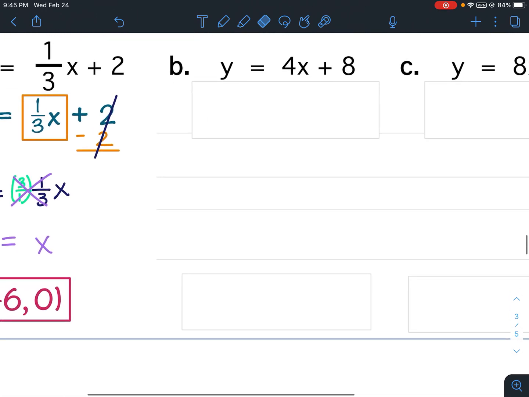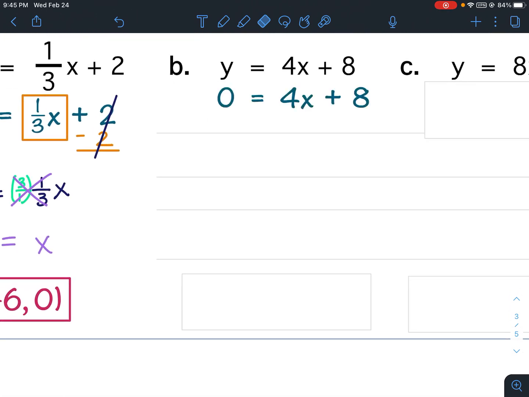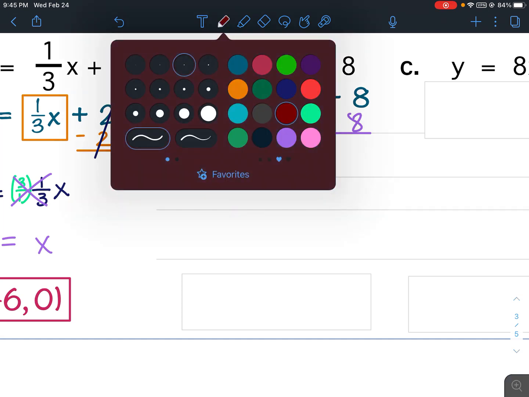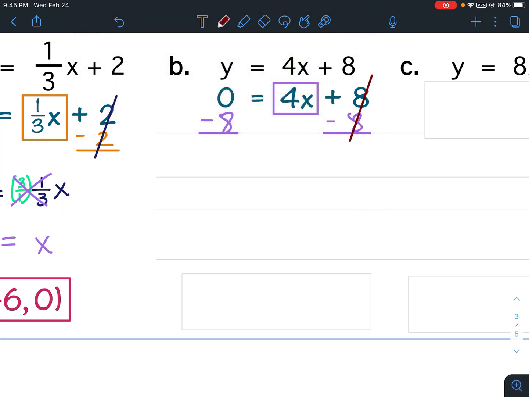For B, again, replace the y with 0, and we're going to solve for x. I'm going to subtract 8 from both sides. So I'm going to have -8 equals 4x.